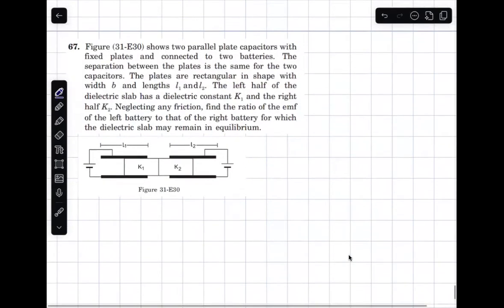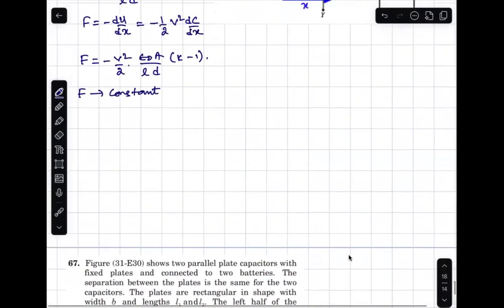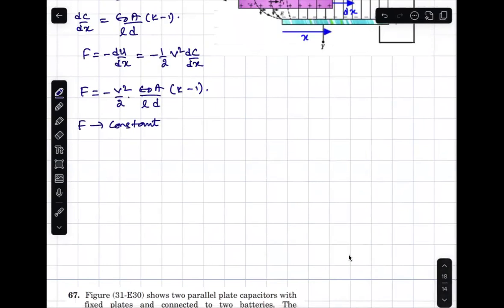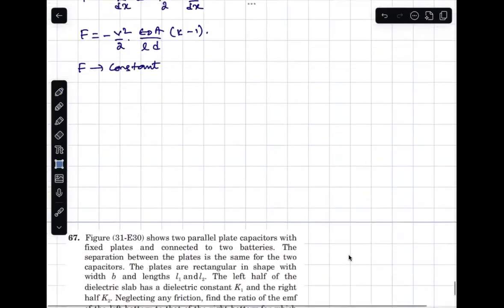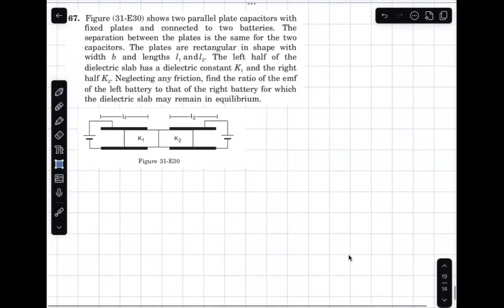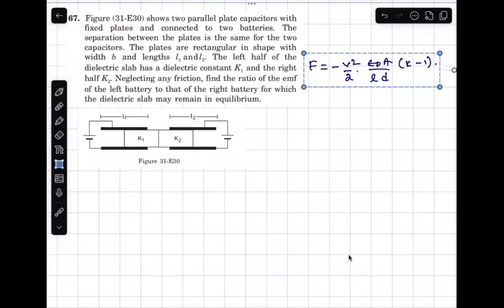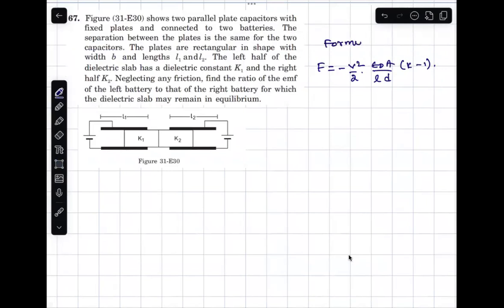In this question, it shows a two parallel plate capacitor. And don't forget, I want the formula. This is the formula here, which I need to remember. Remember, this is a constant. Formula required.